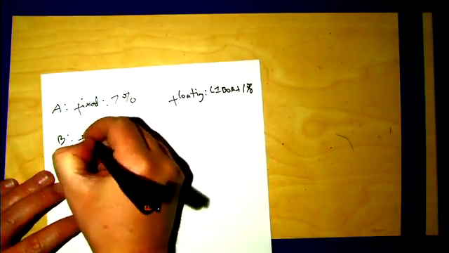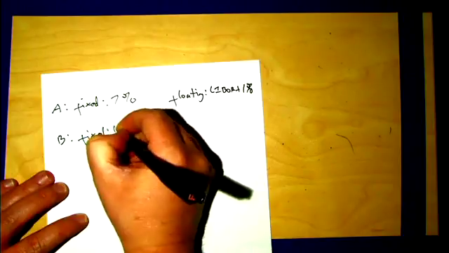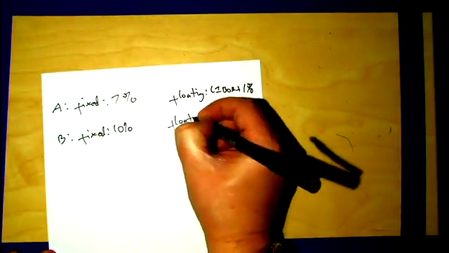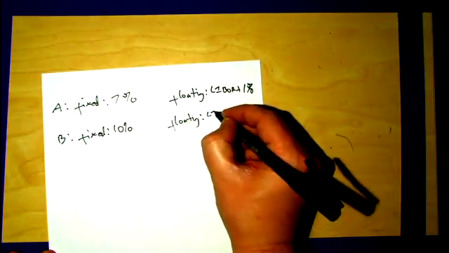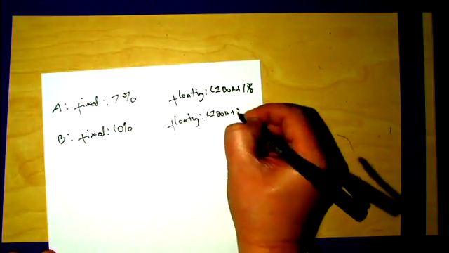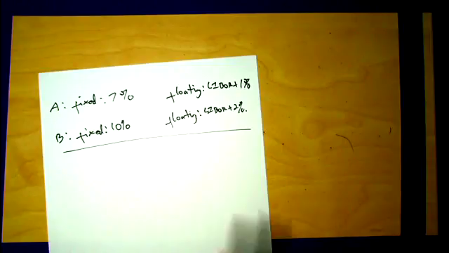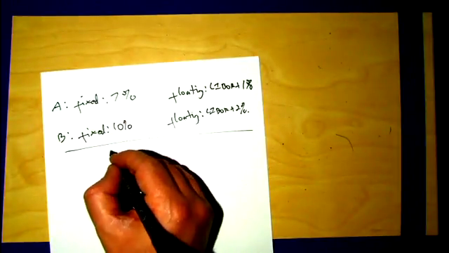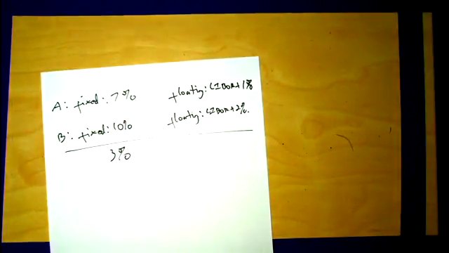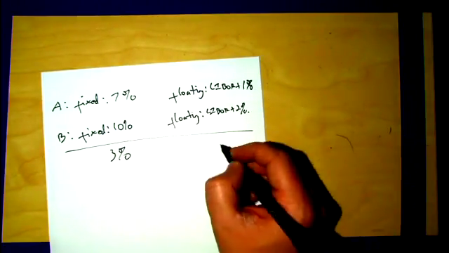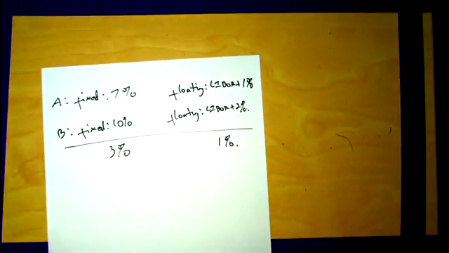Company B, in fixed, they pay 10%, and in floating, they pay LIBOR plus 2%. And then what you do is you just calculate the differences. So here the difference between 7 and 10% is 3%, and the difference between LIBOR plus 1% and LIBOR plus 2% is 1%. Okay, those are my differences.